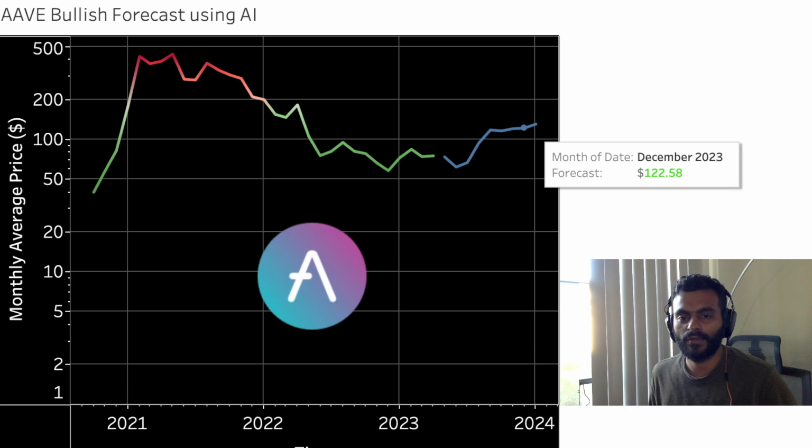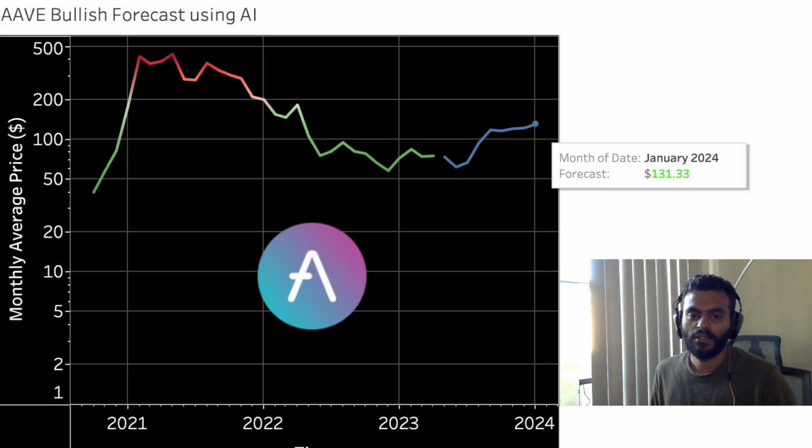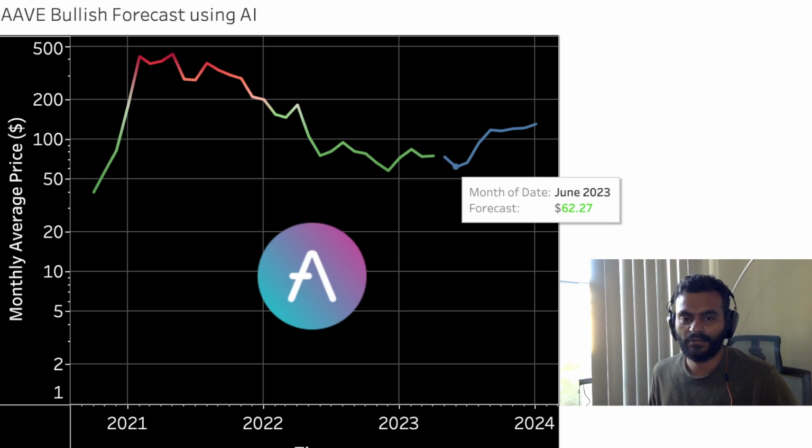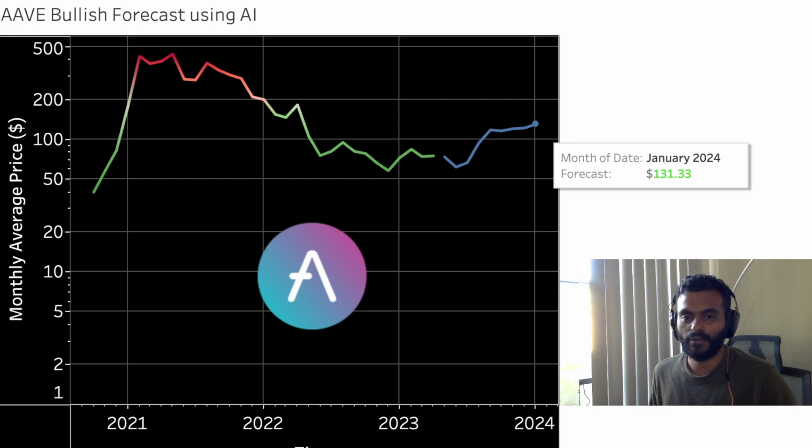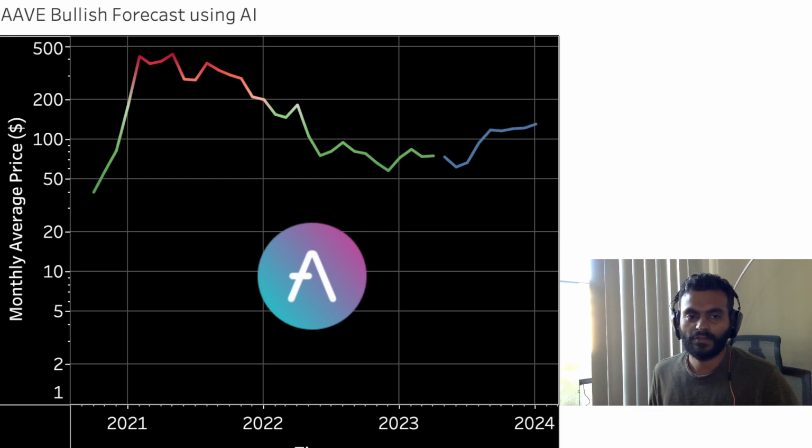In December, 122, and in January, 131. So the trajectory is quite different. Although the initial phase is quite similar, a crash till June, sideways motion till July, then a rally up until September, and after that sideways motion till January. So this is what is forecasted in case of a bullish resurgence.